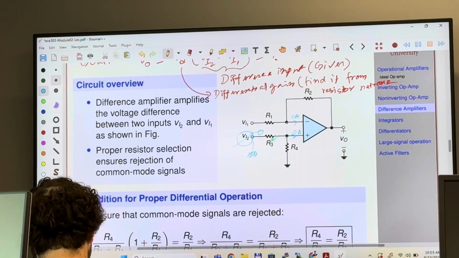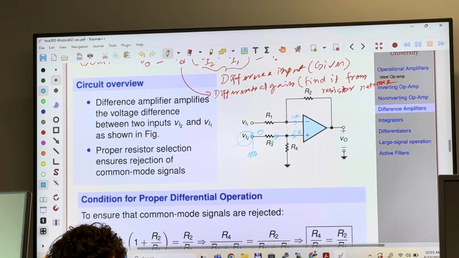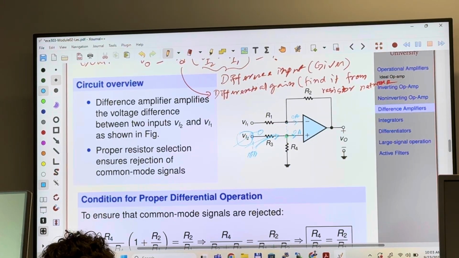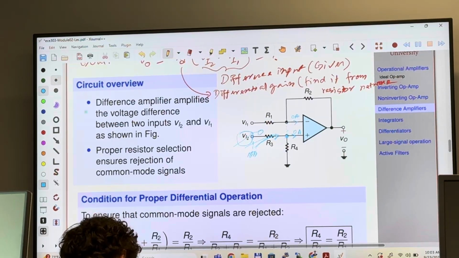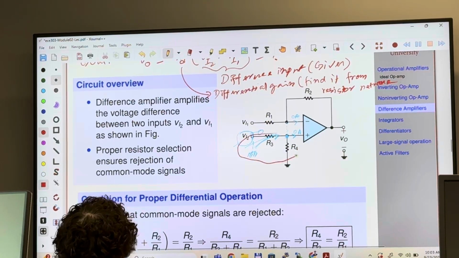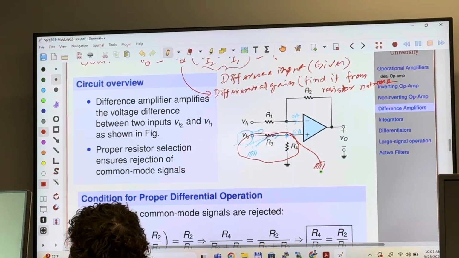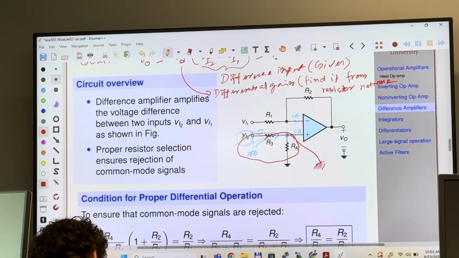If 0 current goes here and there is no voltage, don't you think we can just omit this, and the voltage here is going to be simply 0, right? Don't you think we can simply get rid of this and put the ground right here? And this happens because I said that V_I2 equals 0. Clear?